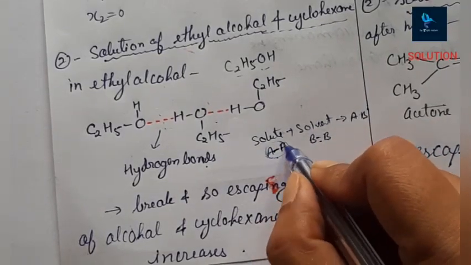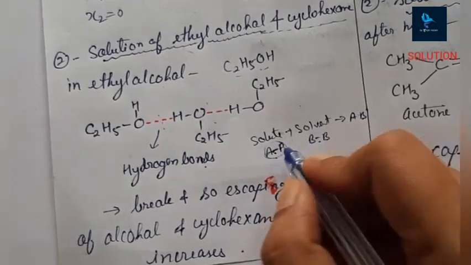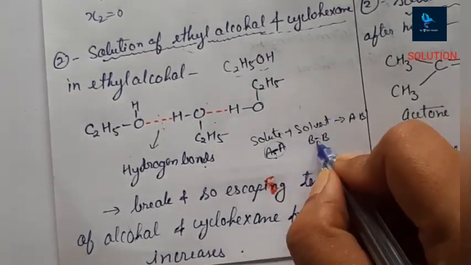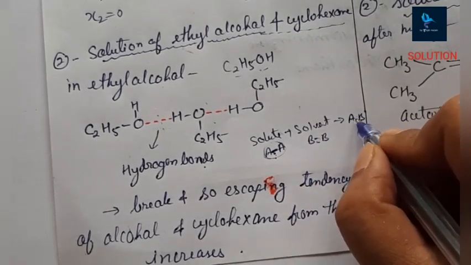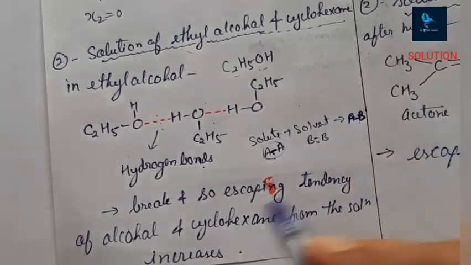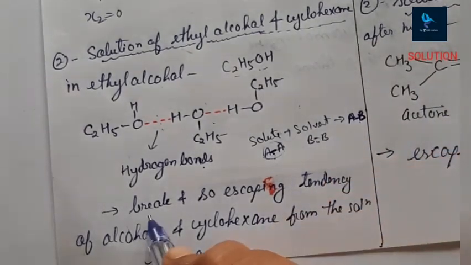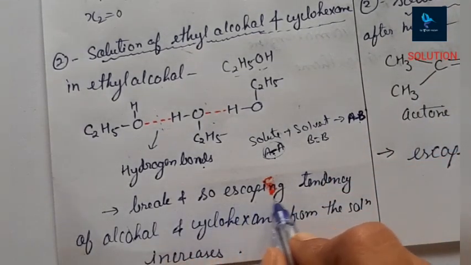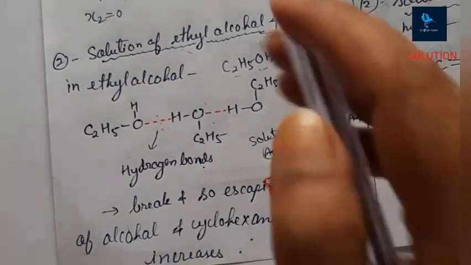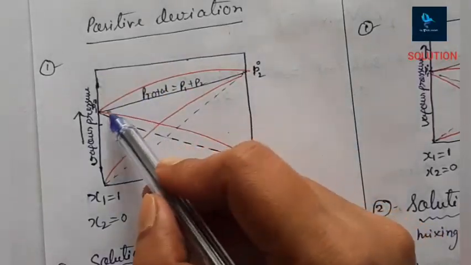There is hydrogen bonding between them. When we mix both, they form a weaker bond between A and B. That's why they break easily, so the escaping tendency of alcohol and cyclohexane from the solution increases. That's why they form more vapor pressure.